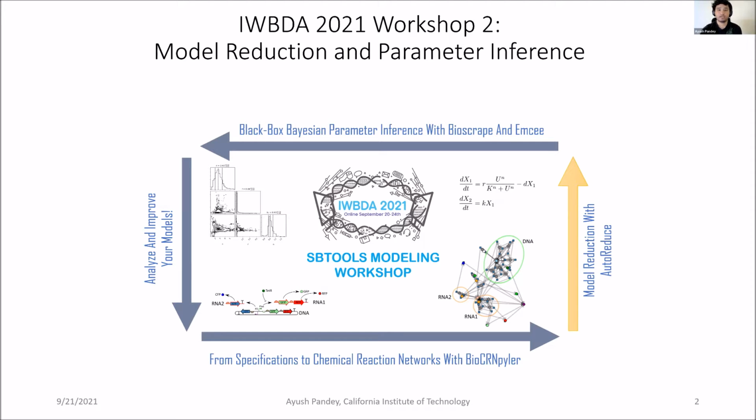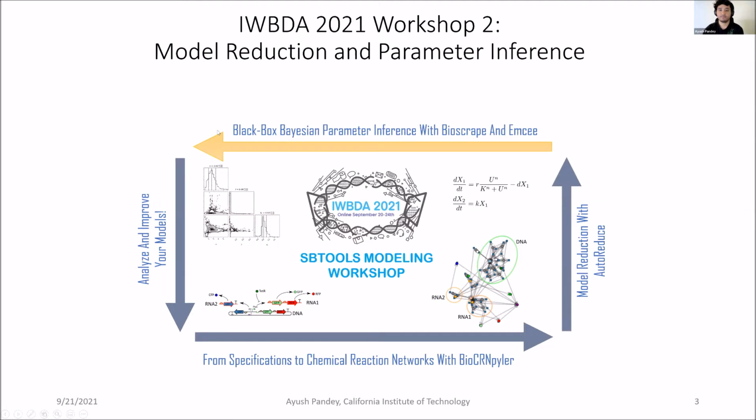So I will talk through some of the basics of model reduction in these slides, and then move on to the coding part at the end of this lecture. And I will also talk about the basics of Bayesian inference.